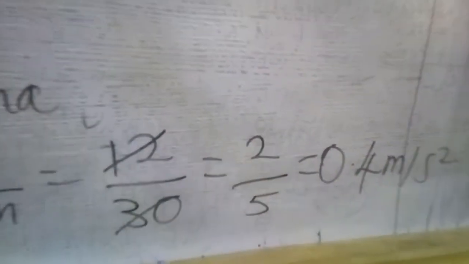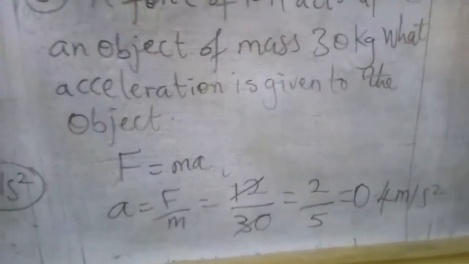Then you reduce it to lowest terms. How many 6 is here? That is 2. How many 6 is here? That is 5. So 2 over 5 is 0.4 meters per second squared. So always remember your acceleration, the unit is meters per second squared.